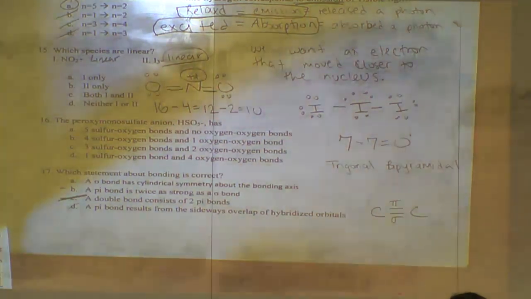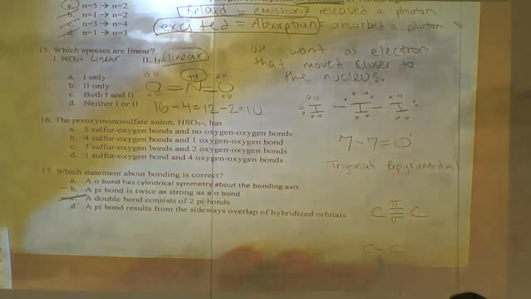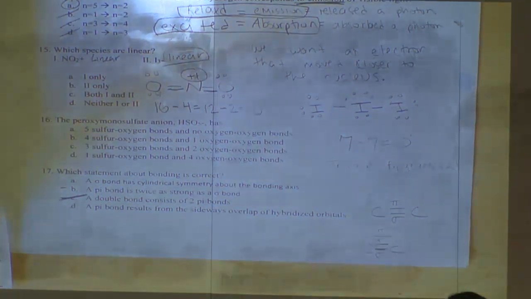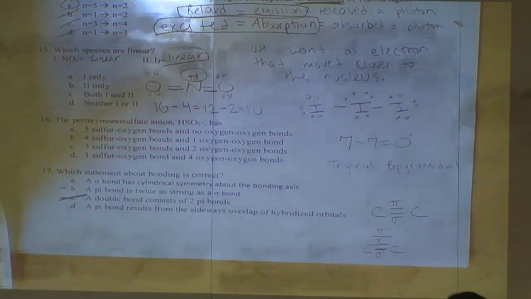So if you guys have C single bonded to a carbon, what kind of bond is this? Yeah, it's a sigma bond. If I want to double bond it, what do I add? A pi bond. If I want to triple bond it, what do I add? Another pi bond. Okay, so can you just define, the sigma bond is a single bond, right?